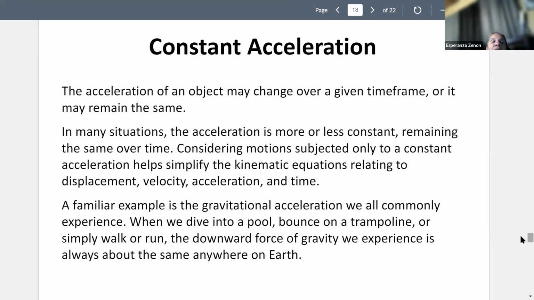Constant acceleration means the velocity is changing uniformly over time by the same amount each time. This is where it's critical that you know the difference between velocity and acceleration.